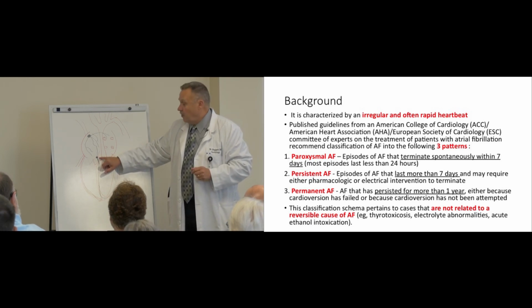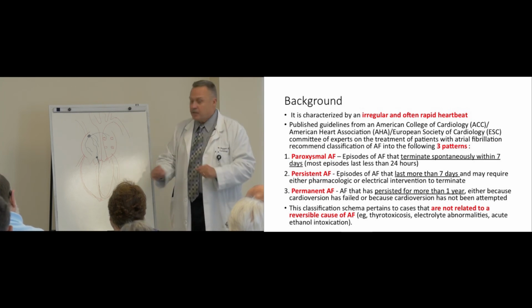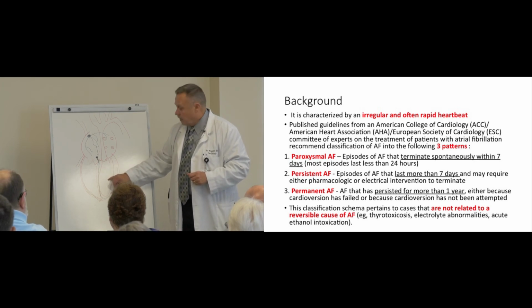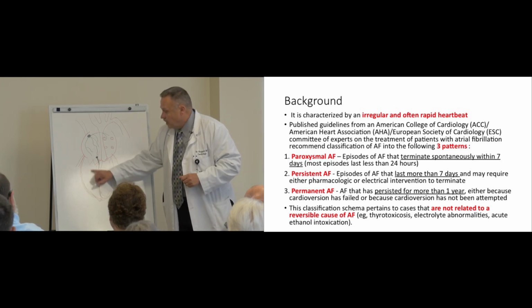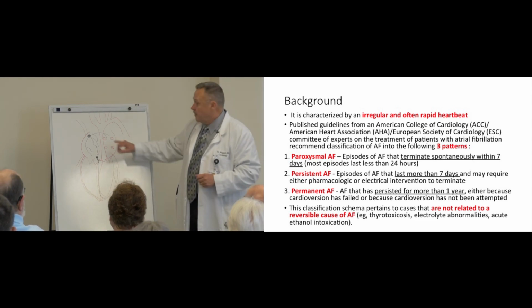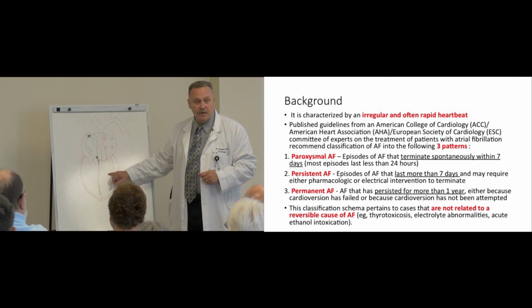The AV node then holds that charge for 0.2 of a second and then fires it down into the bundles. And you have a left bundle squeezing the left ventricle, and you have a right bundle squeezing the right ventricle. And again, these are occurring simultaneously. As the top 2 chambers squeeze, 0.2 of a second later, the bottom 2 chambers squeeze.